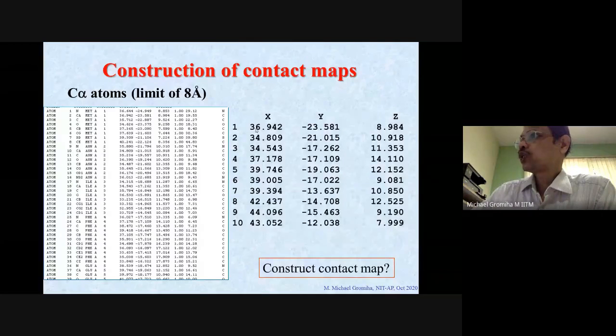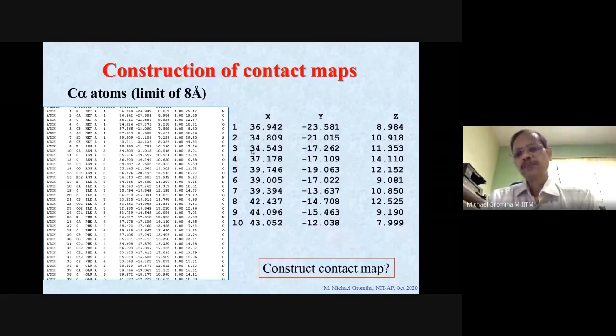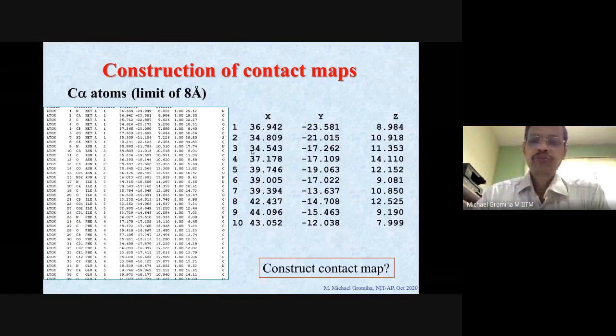And if 1 and 2 are in contact, calculate the distance. If the distance is less than 8 angstrom, put a dot. Likewise, 1 and 3. If this is less than 8 angstrom, put a dot. Can you make some dots and show me your picture? Right, x-axis 1 to 10, y-axis 1 to 10.